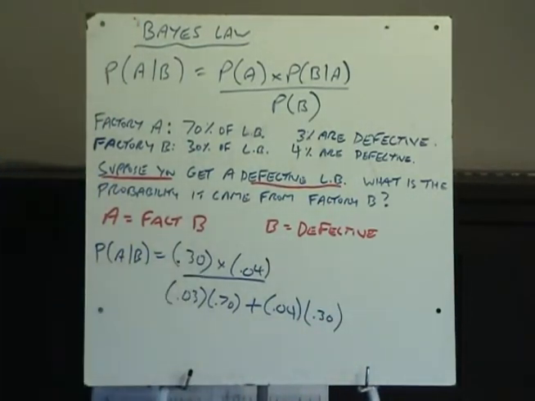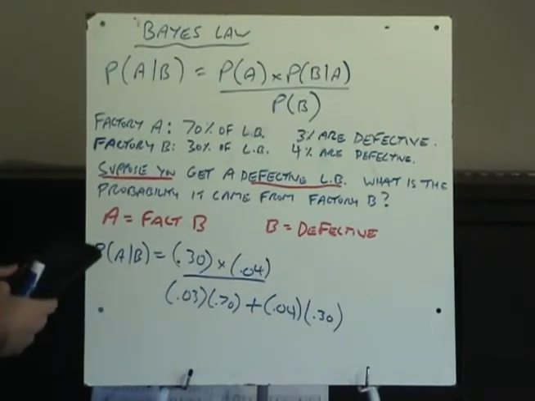So we simply need now to go to the calculator to determine what this probability would be. So 0.3 times 0.04 divided by bracket 0.03 times 0.7 plus 0.04 times 0.3, close the bracket, equals 0.36.